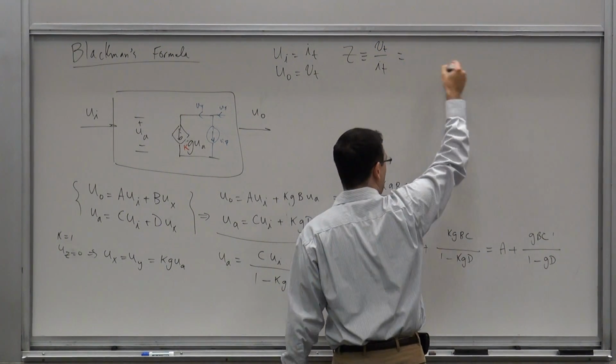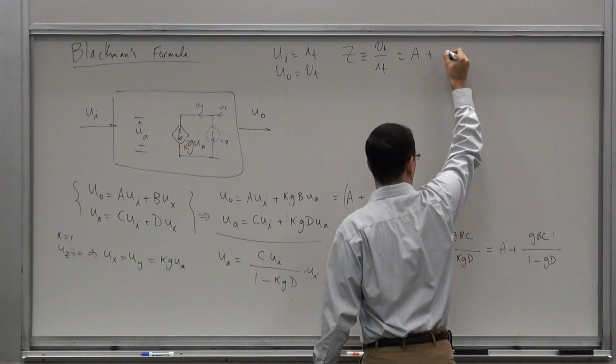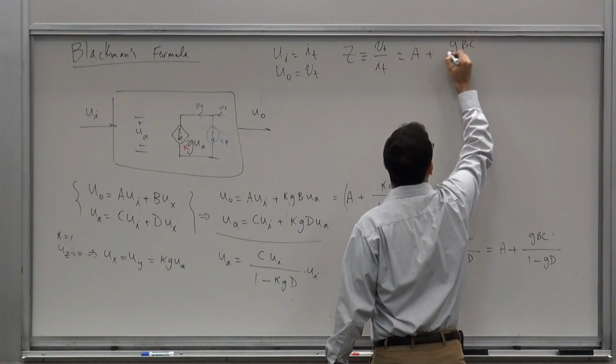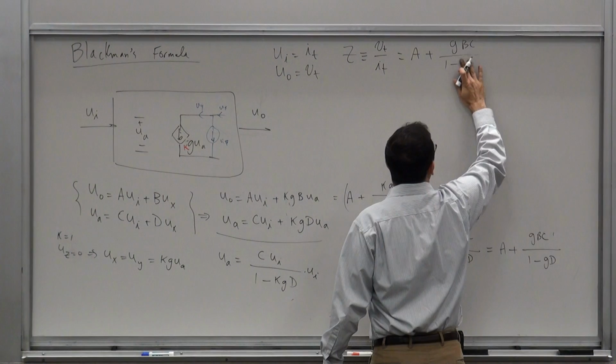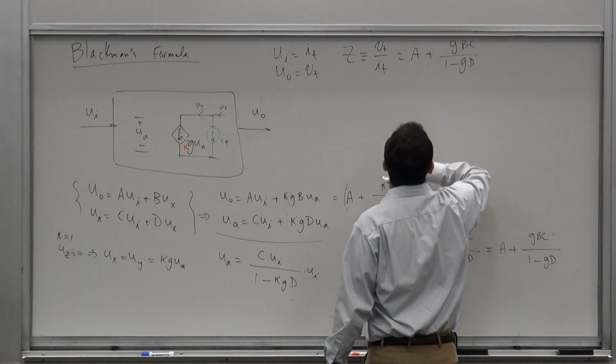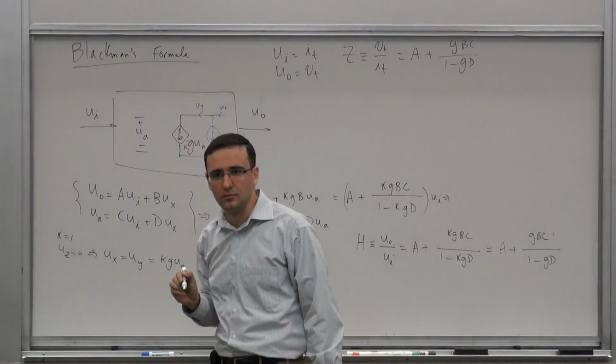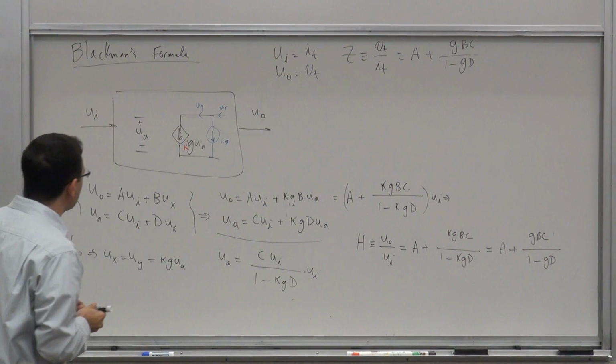So Z in general is A plus GBC over 1 minus GD.